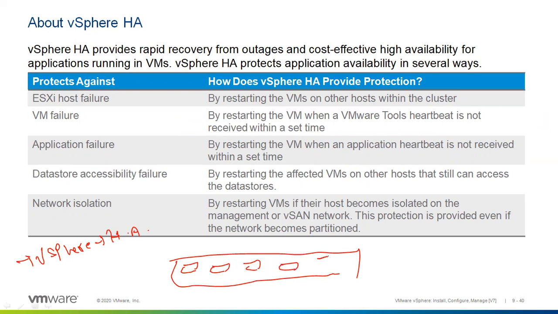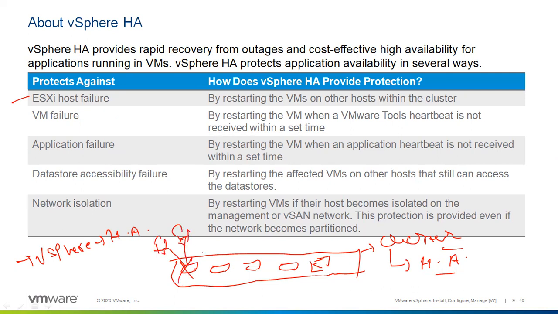These are my ESXi hosts which I have put in a cluster, and within the cluster, I have enabled the HA feature, high availability feature. So when I enable the high availability feature in a particular cluster, it protects from ESXi host failure. When I say ESXi host failure, it will restart the running virtual machines.